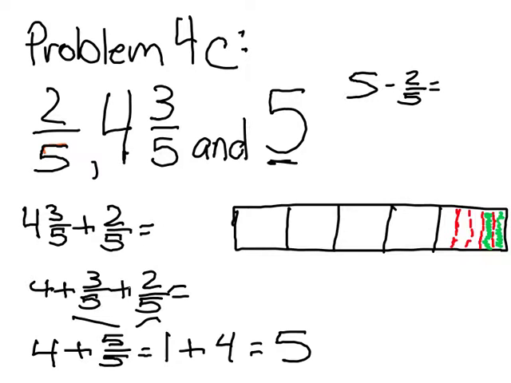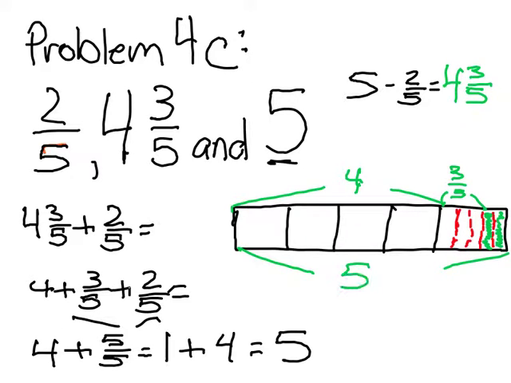So our answer here is 4 3/5, which is 3/5. Here is 4. Total is 5.